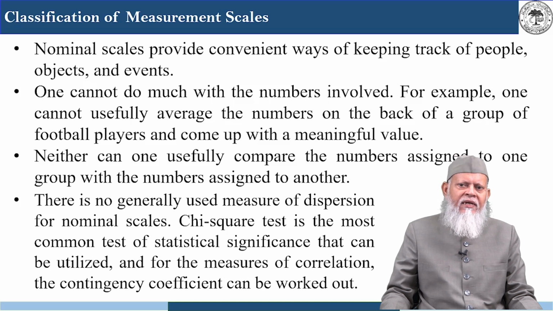So, it is only chi-square that can be utilized in this scale. The nominal scale is useful only for the identification of people, objects or events, nothing more.